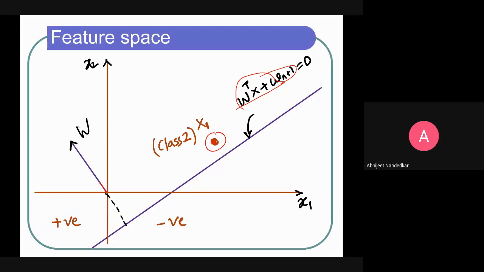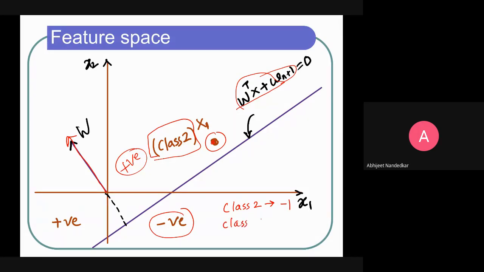This weight is directed towards this, so this side is positive and this side is negative. Now note that the sample belongs to class 2. That means when it is class 2, I want the output to be, say, -1, but for class 1, I want +1.